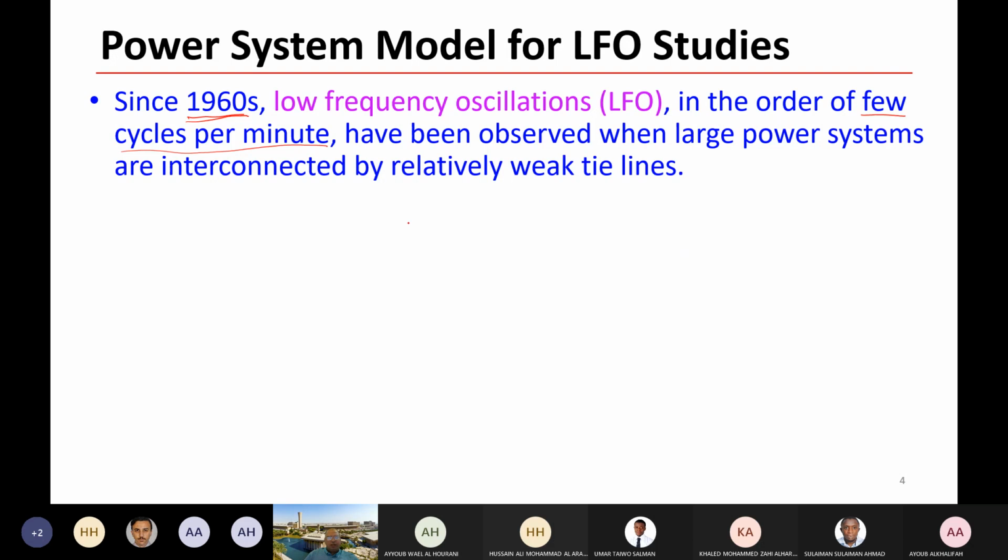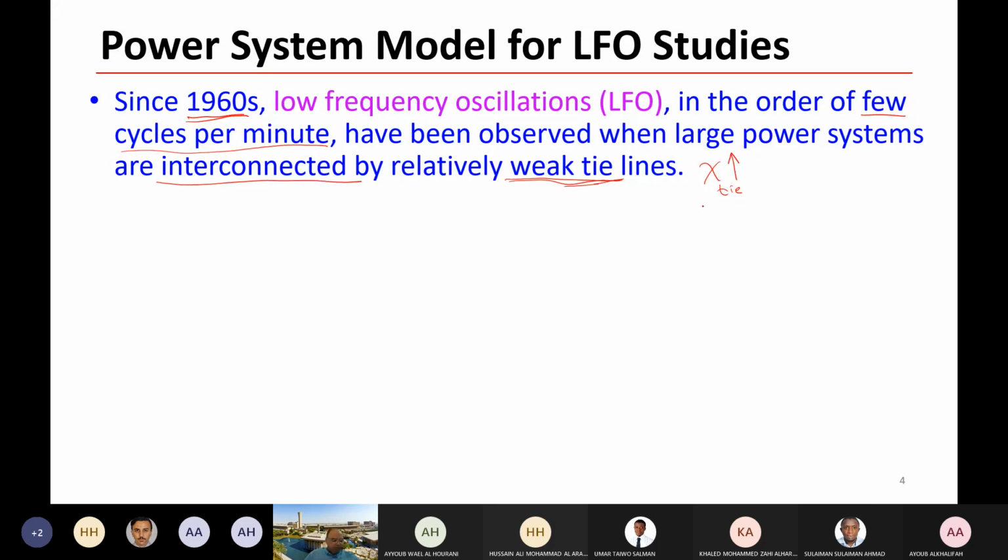These oscillations have been observed when large power systems are interconnected by relatively weak ties. What do you mean by weak tie? High reactance, the X tie is high. So this is the weak tie. Yes, so we have limited power transfer. Yes, you are right.